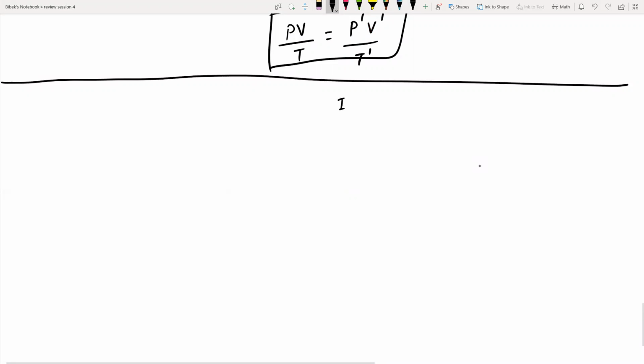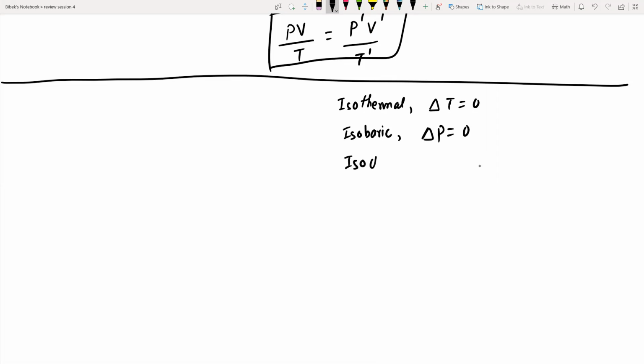As I told you, isothermal is delta T equals 0, your temperature not changing. Isobaric is delta P equals 0. Isochoric is change in volume equals 0. And lastly, your adiabatic process, which has no heat exchange, so delta Q is 0.